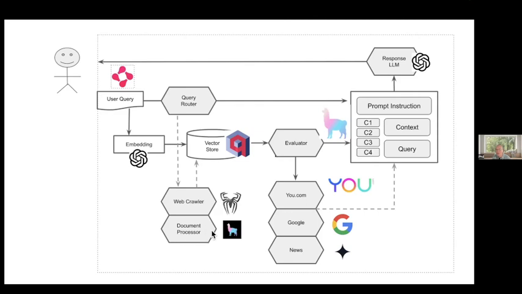The document processor is Llama Parse. The evaluator is written using the Llama orchestrator. The 3 tools are respectively u.com, Google, and Tavily. The actual response construction is done using OpenAI. And the entire reply is done here on a prototype Chainlit.